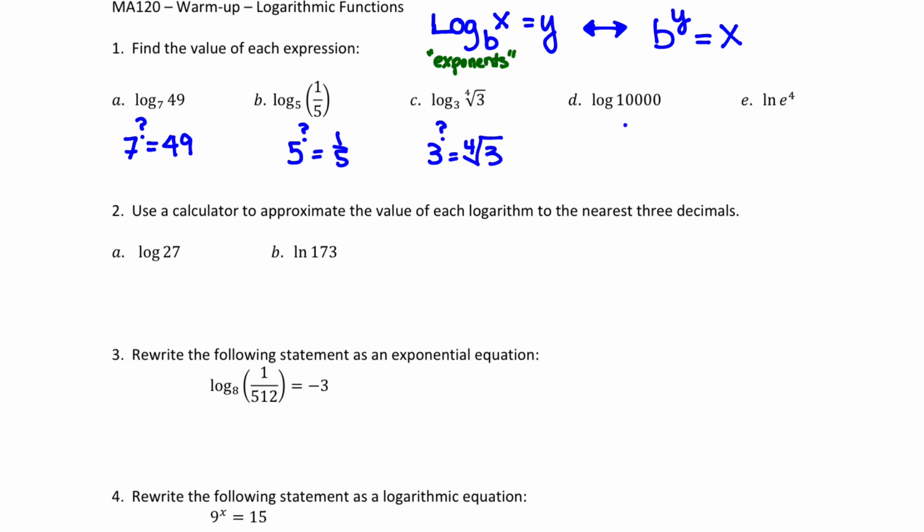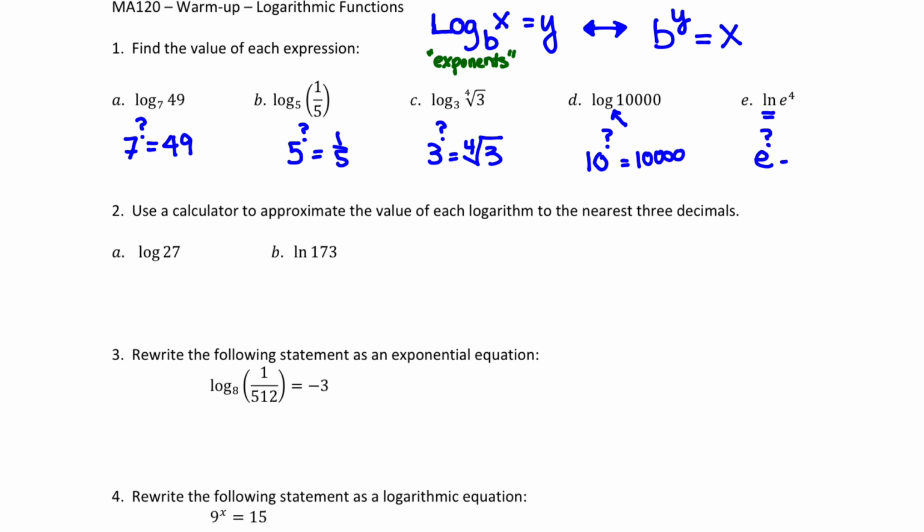If there's no base down here, what's that understood to be? Megan, do you remember? The base is understood to be 10, because 10 to the 4th, did you get 4 on that one? So the base down there is considered to be 10. And ln is a base of what? e.